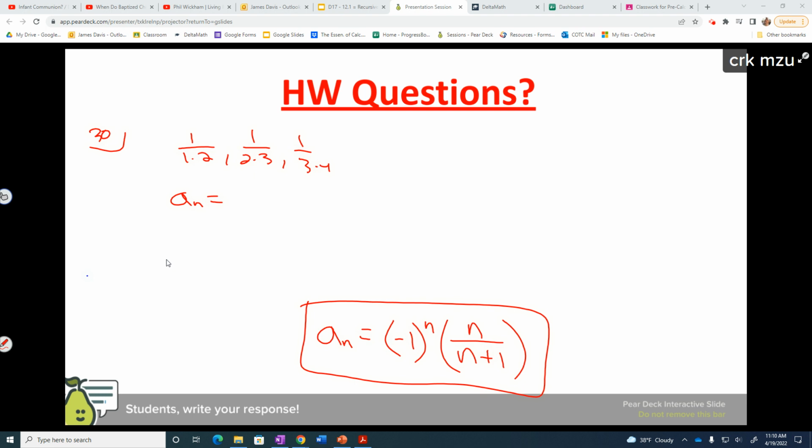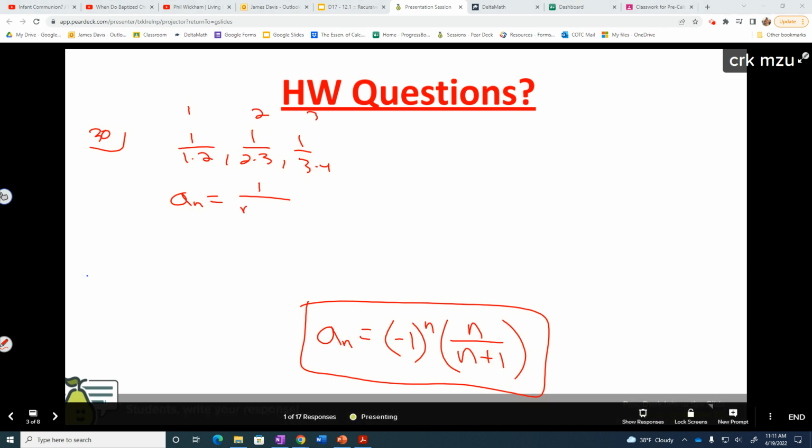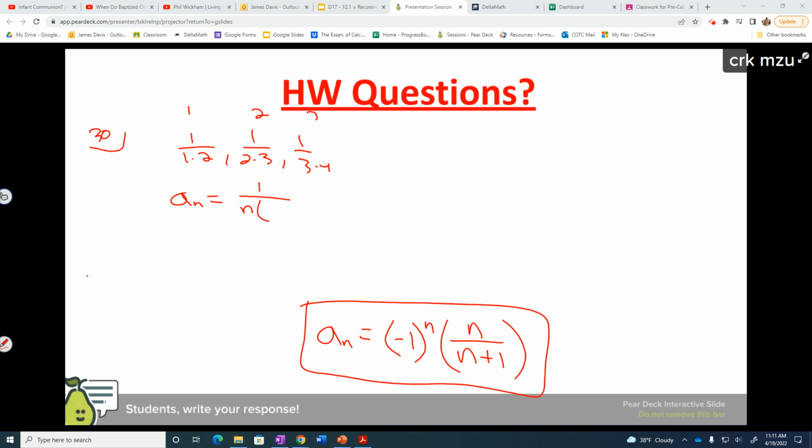So 1's always the same. Yep. This is our first term, our second term, our third term. Notice that number's here. So that's n. Okay. So n times, and then this number is always 1 more, right? So yeah, n times n plus 1. And you can do the curly brackets even better. So that's the first one.